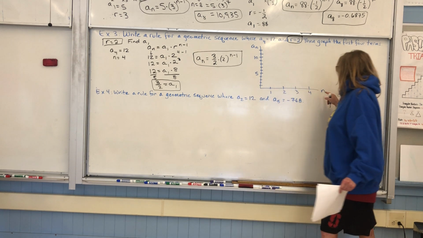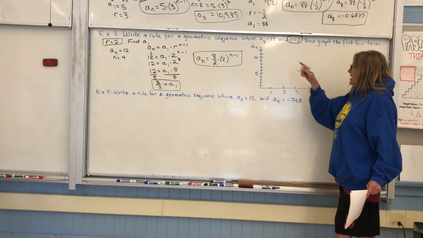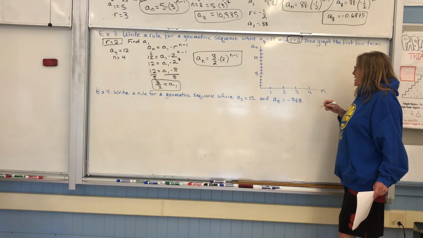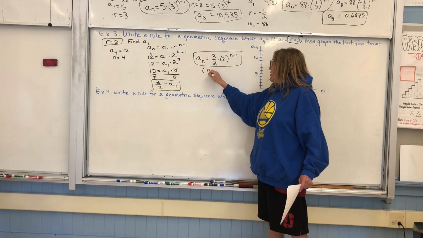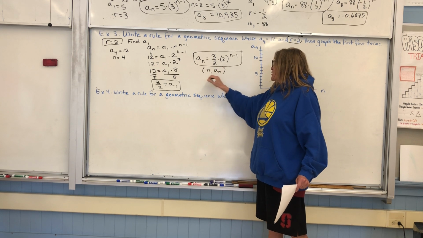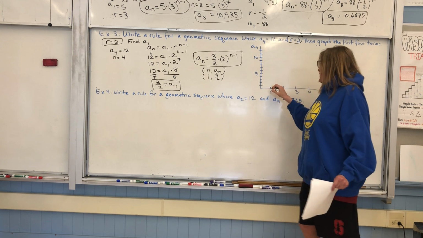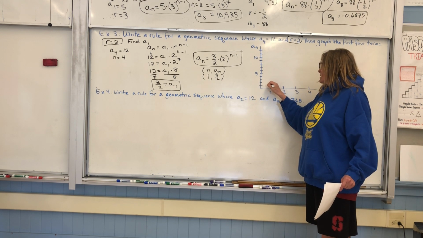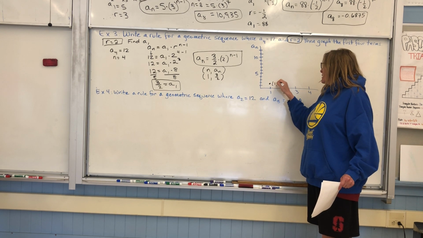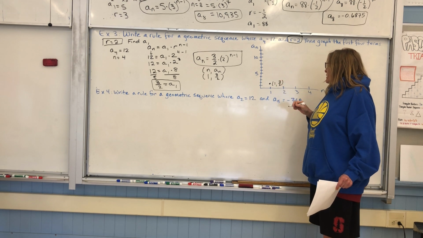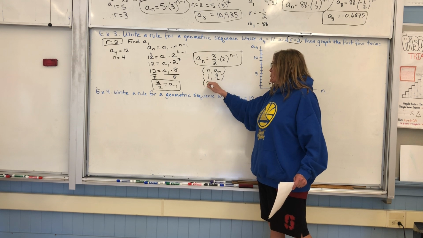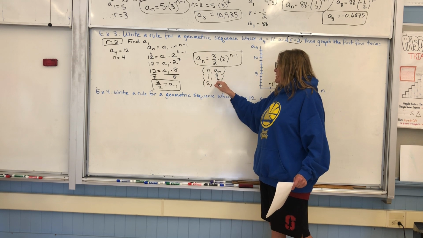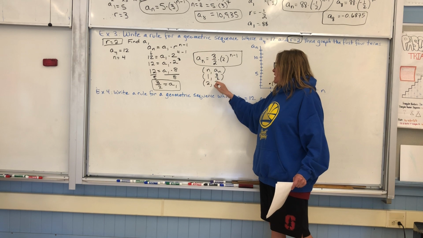Right, so let's look at our very first term. We're going to make a little graph, n on the x-axis, a sub n on the y-axis. So n comma a sub n, our first term is 1 comma 3 halves. So I can graph 1 comma 3 halves right there. Now we know that r is 2, so our second term is 3 halves times 2, which is 3.